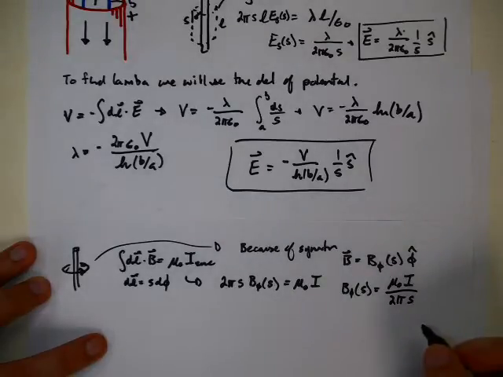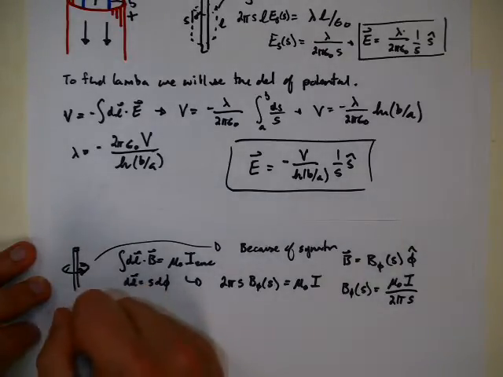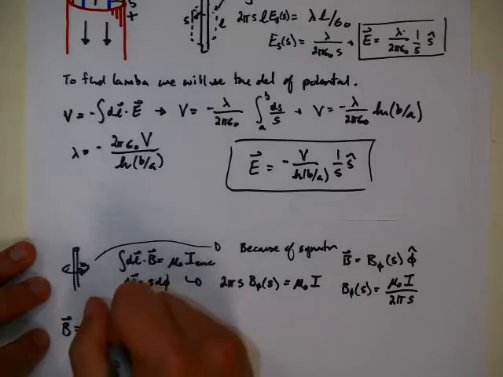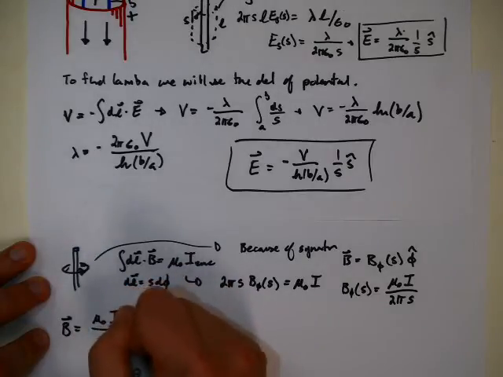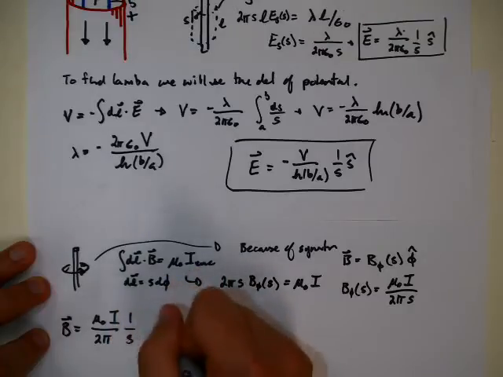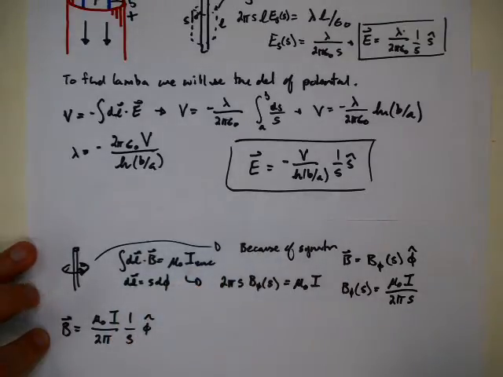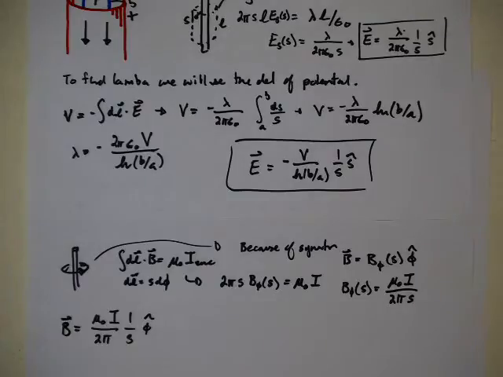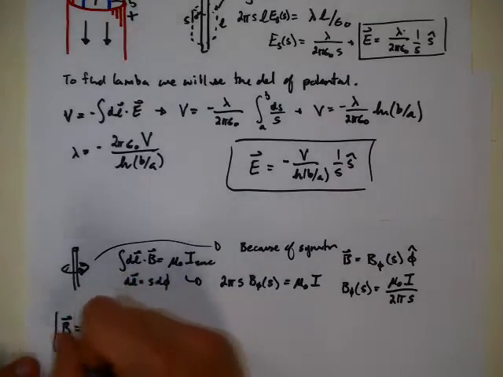Or if we put this back into vector notation, mu naught I over 2 pi, 1 over s, phi hat. And that is the B field.